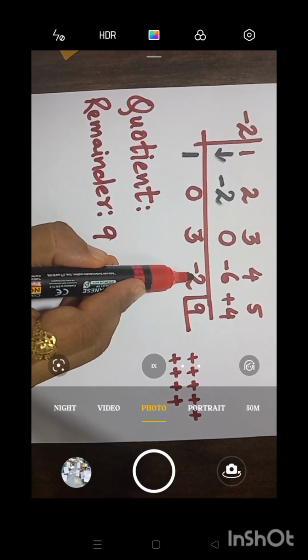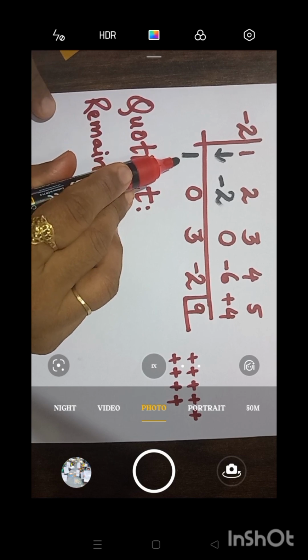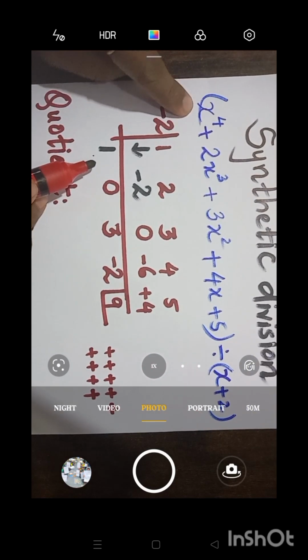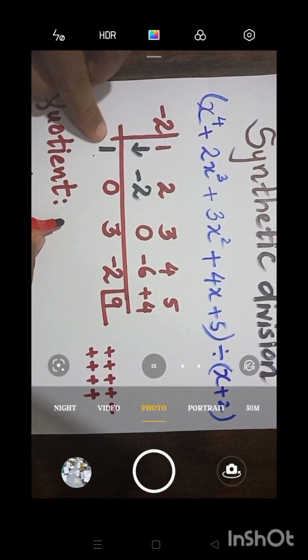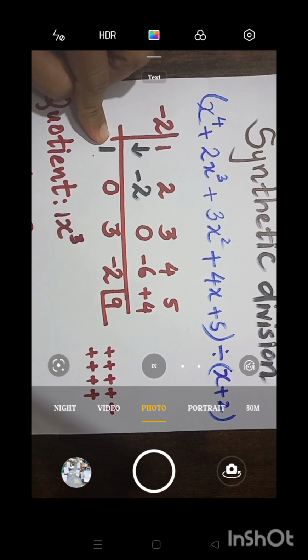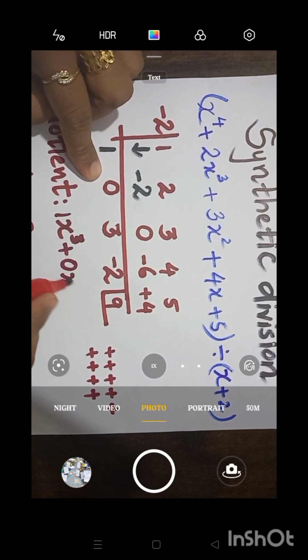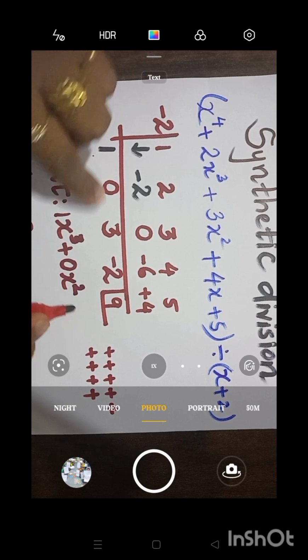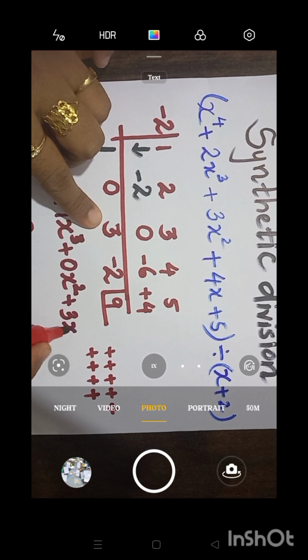Now how many terms are there? 1, 2, 3, 4. So we will start with degree 3. The variable in the given question was x, so we'll take the variable x. The coefficient will be 1, so 1 x. As 4 terms are here, we'll start with the degree 3, then plus 0 with x raised to 2, plus 3 with x raised to 1.